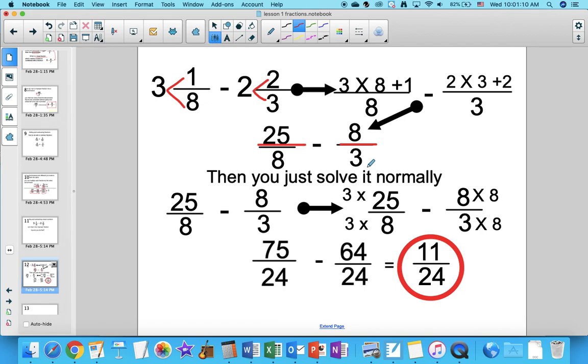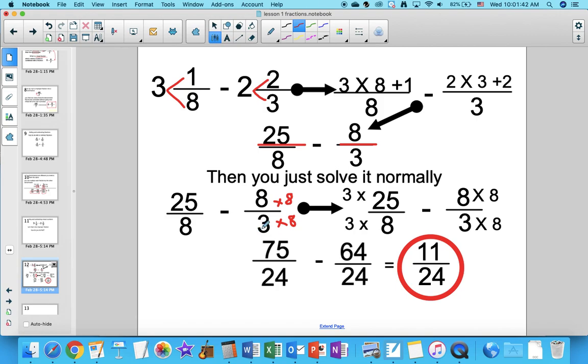And then you just solve it like you normally would with adding and subtracting fractions. So I have 25 over 8 minus 8 over 3. My denominators are different, right? So I want to take this denominator and multiply this fraction by it. So I multiply this by 8, and I multiply this by 8.